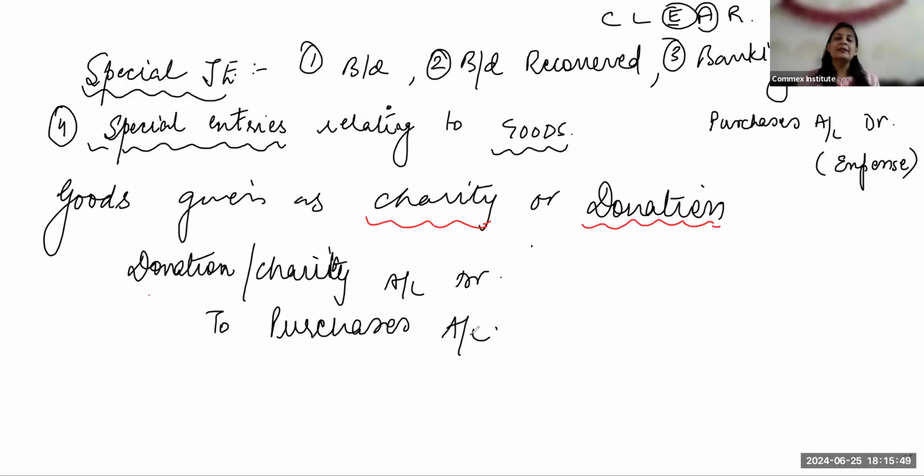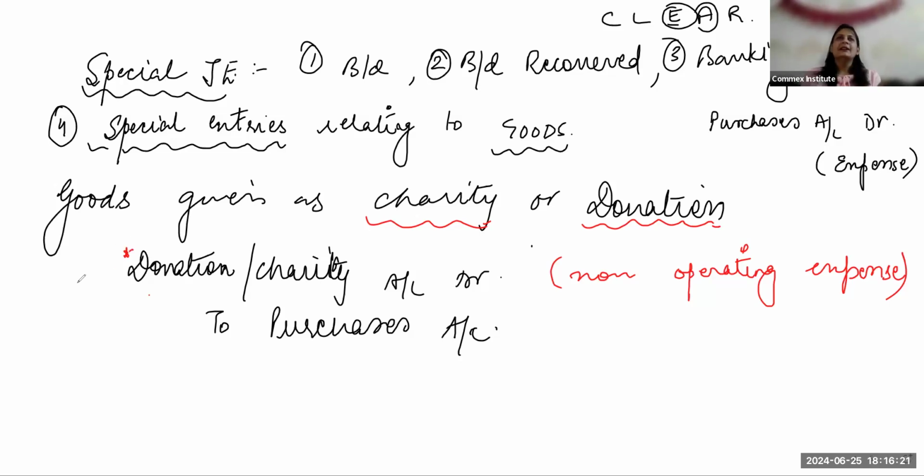This is not the expense relating to my goods. I mean, I'm not using it for the business purpose. I'm donating it. So these are basically non-operating expenses. Charity and donations, please remember, are non-operating expenses, not relating to my operations. See, if I want to compare my business with another competitor's business, this expense is not a compulsion. It was just because I wanted to donate.